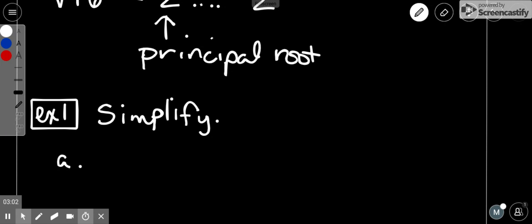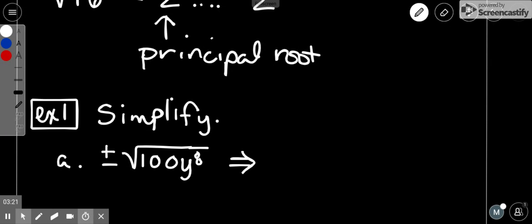So what if I had plus or minus the square root of 100y to the 8th? Now, square root means I need something times itself in order to get 100. This plus or minus shows that for the answer, we want both roots, both the principal root and the secondary root. The square root of 100 is 10.